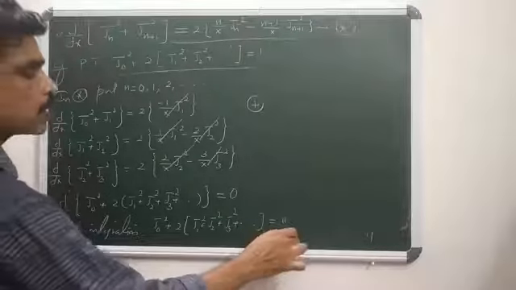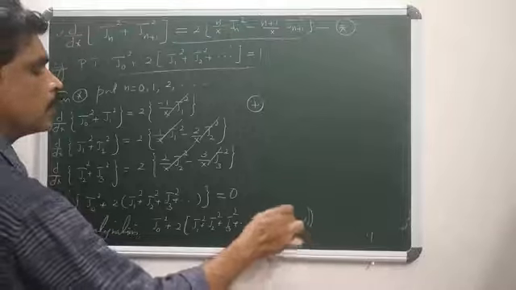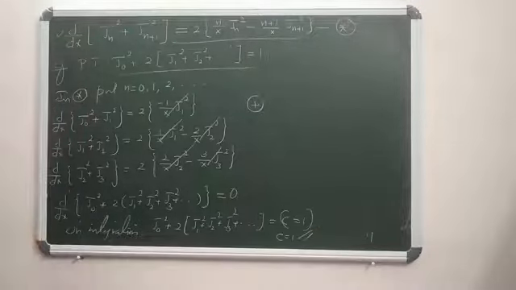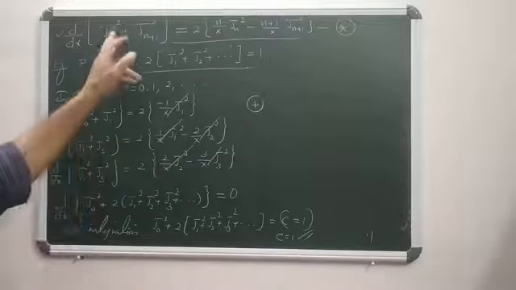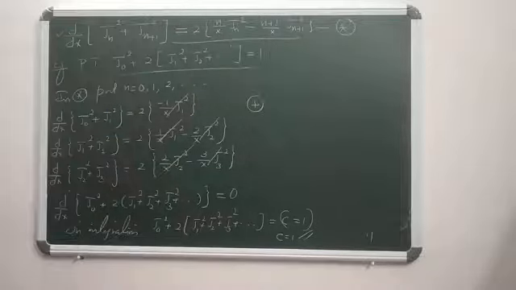If you put c equals 1, then our result is obtained, that is J0 square plus 2 into J1 square plus J2 square plus J3 square plus etc. equals 1. So this immediately follows from this relation. Okay.